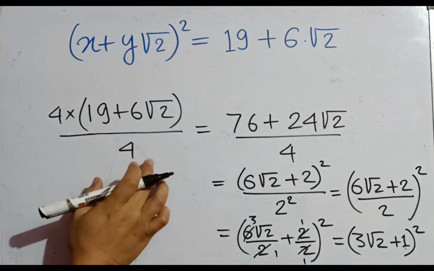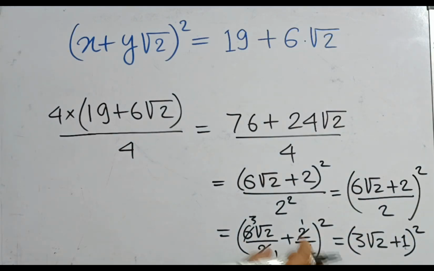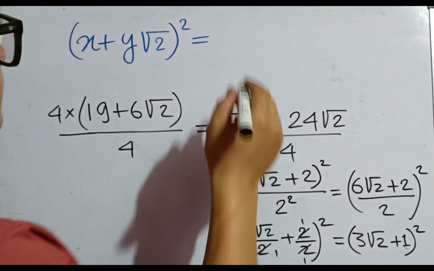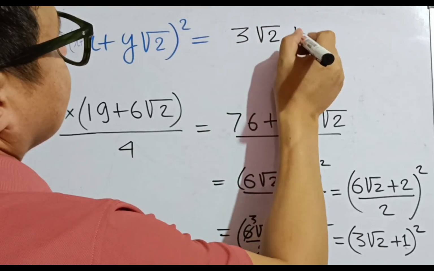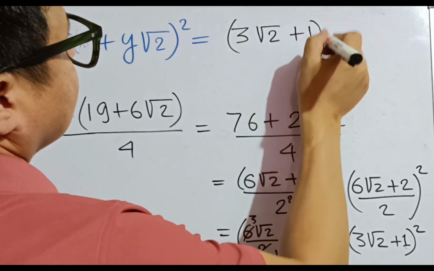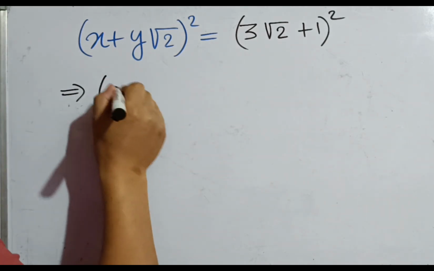Now this is equal to this, and this is equal to this. So we can substitute this with (3√2 + 1)². Now we can see these two expressions are equal.